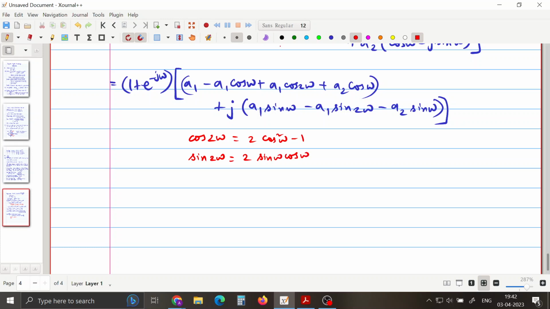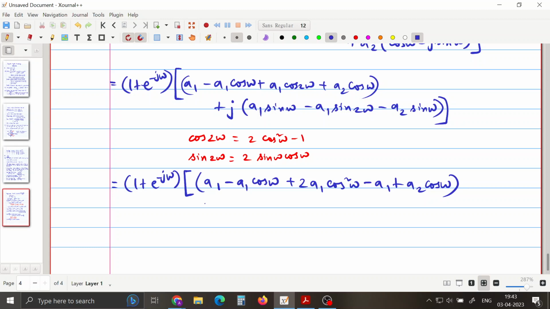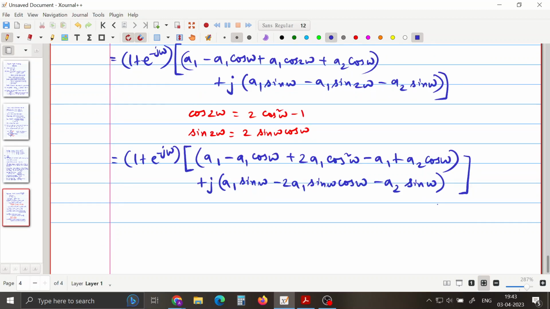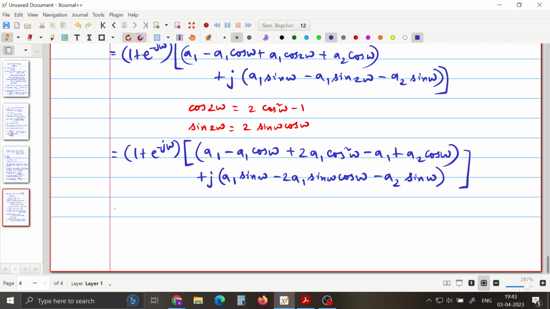I will use these two formulas, and then what you will get is this.